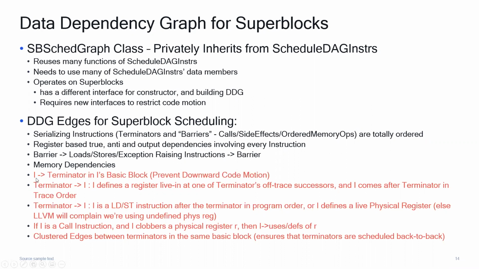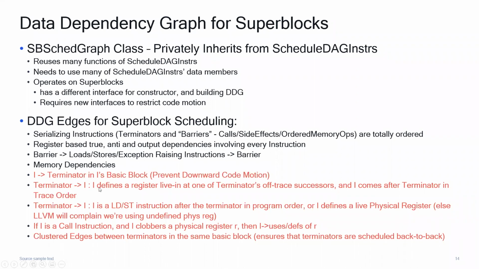For instance, we add an edge from an instruction to its terminator branch. This is to ensure that an instruction is scheduled before the branch that terminates its basic block, so that we don't move an instruction below a basic block, and we avoid code duplication across side exits.